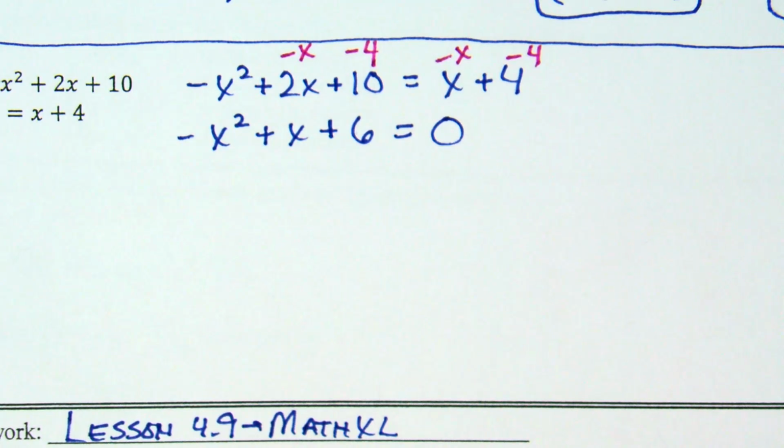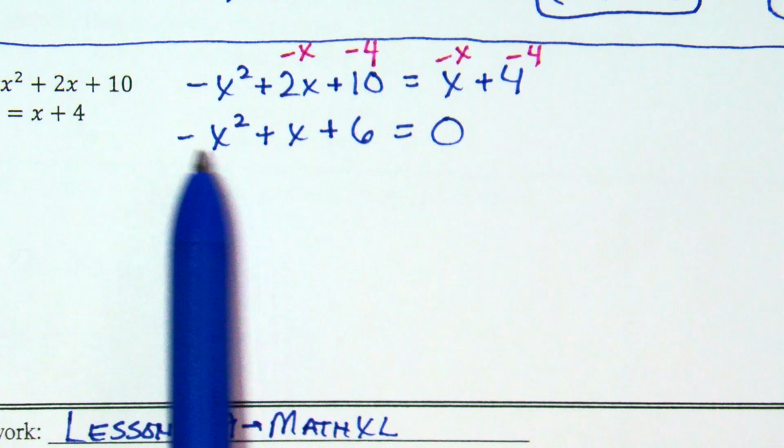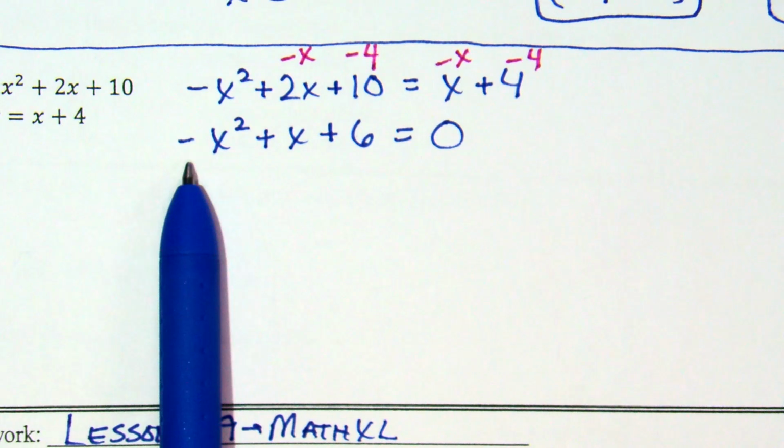Now, if Jaden's using his quadratic formula, he can get started right now. If we're factoring, what should I probably do before I actually factor? Or what do I encourage you to do? Yeah. I would prefer not to have a negative x squared when factoring. I'm not saying it's impossible, but I would prefer not to.